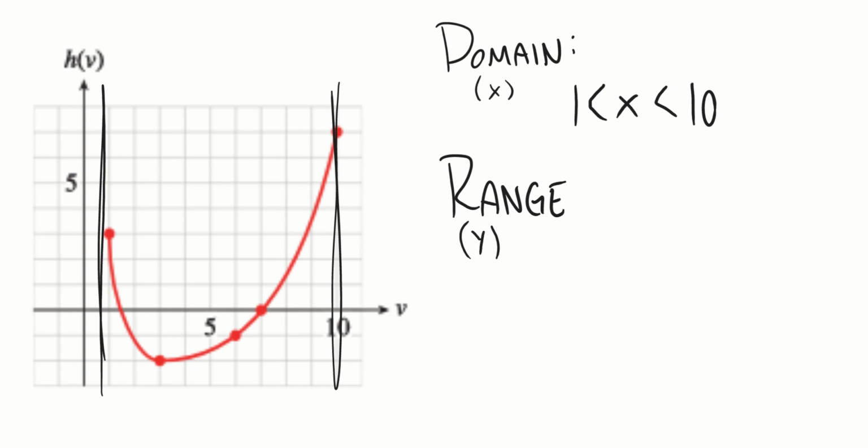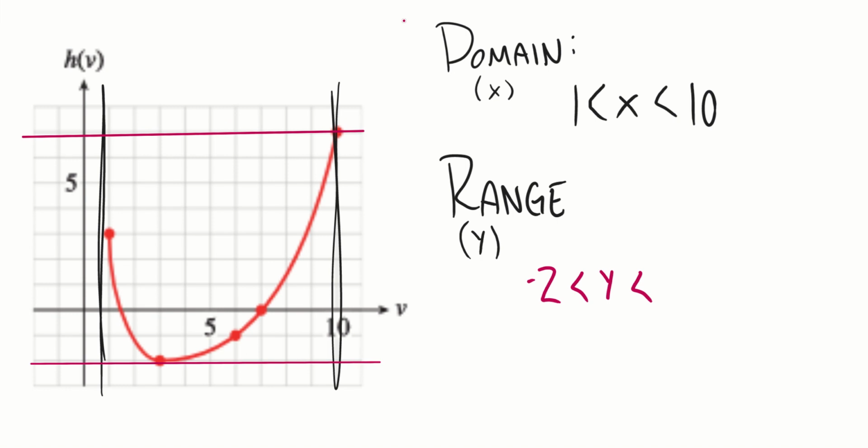I'll do the same thing for my range. I want to look at my y's. My lowest y is -2, and then my highest y is going to be 7. So my range is from -2 to 7. My domain is from 1 to 10.